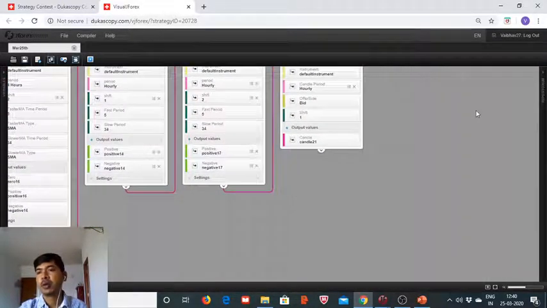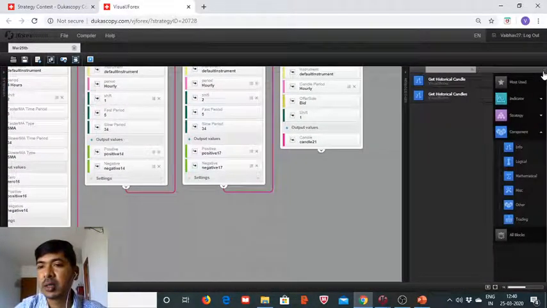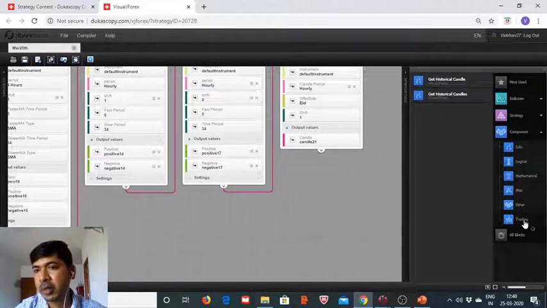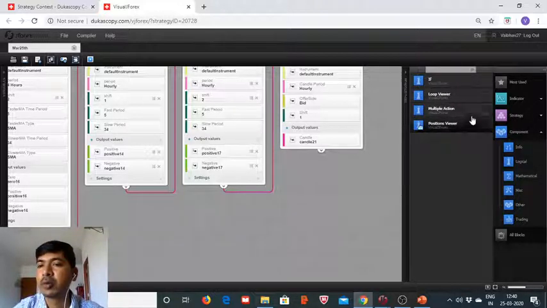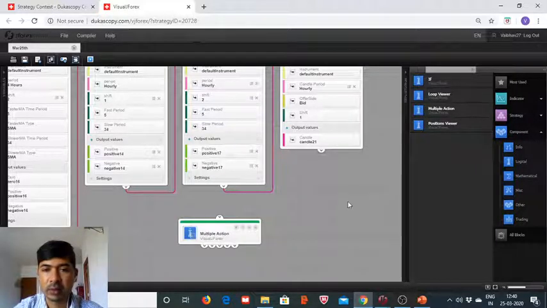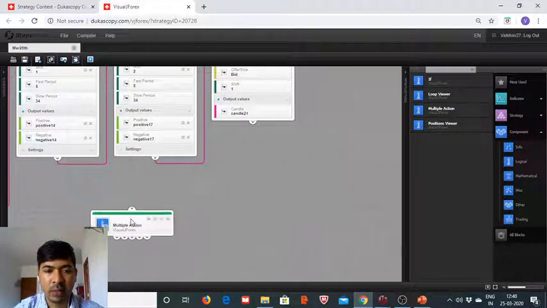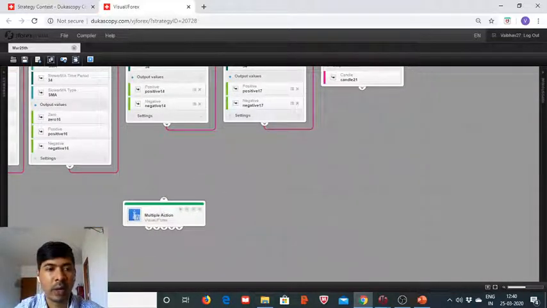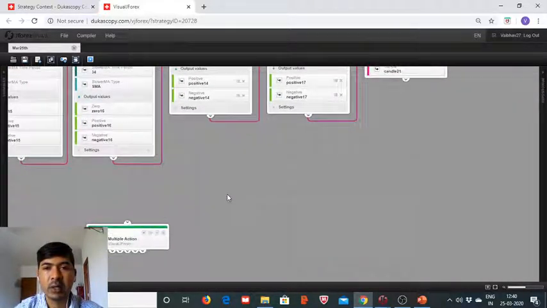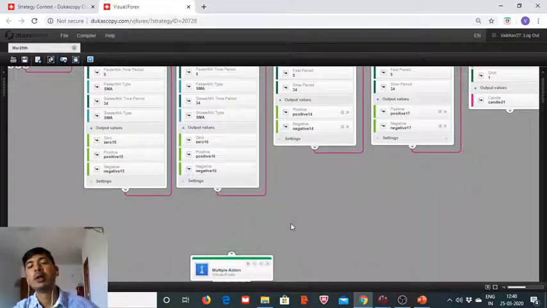Now we will need to bring in the multiple action trading blocks. So far the setup is simple, and we are going to bring in the multiple action. But soon in today's session we will work with the pending open.